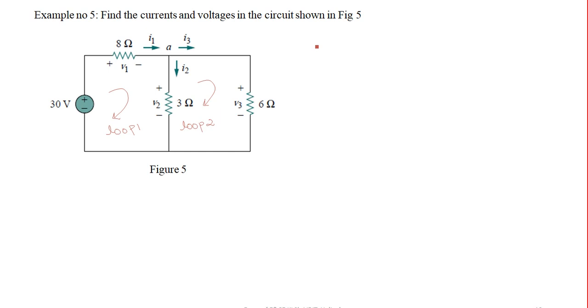What are the observations from the circuit? The first thing is we can define from Ohm's law what V1, V2 and V3 are.